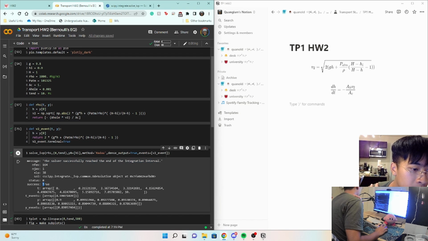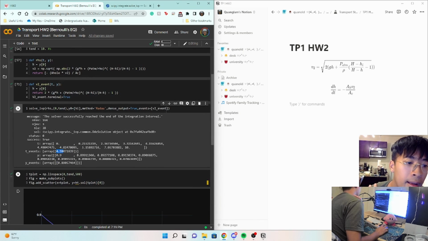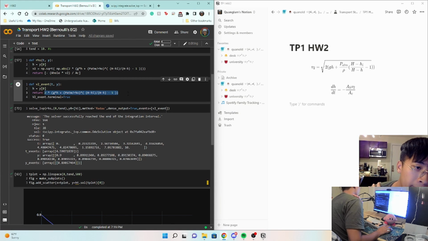And you see that success is true, and we have an event stored. You should notice that this is an array of an array, and this event is time. At 4.59 seconds, this solver has found that this mathematical expression here is equal to 0. Therefore, we are at steady state, because steady state means that all derivatives with respect to time equal 0. In other words, dh/dt should equal 0 at this point in time, and we should stop integrating.